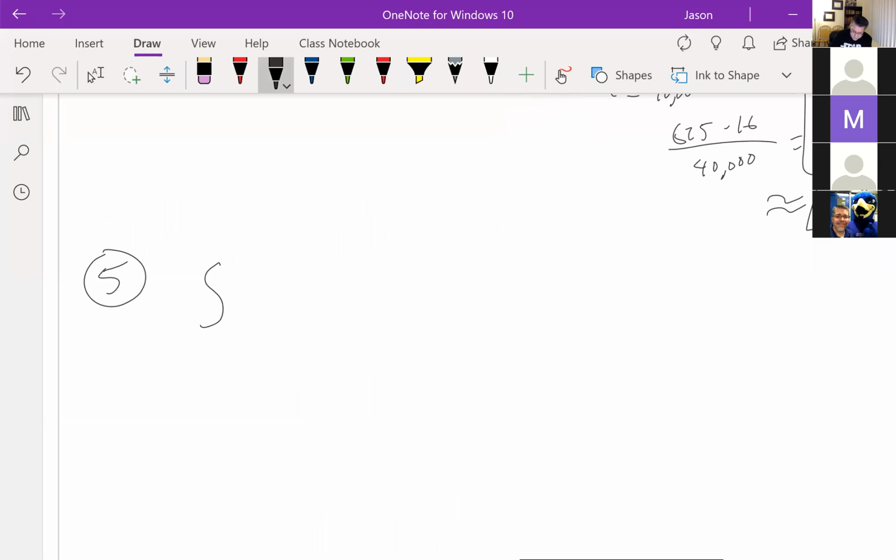I want the integral from 1 to 3 of natural log of 3x over x dx. Let's try this one.